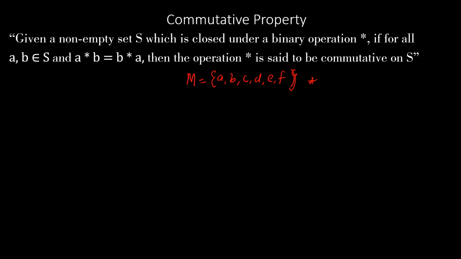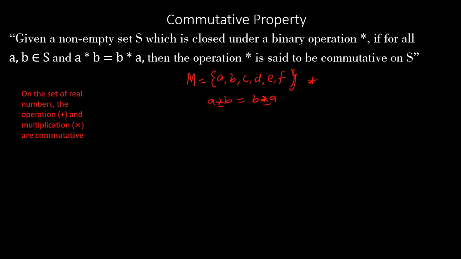Now if for all a asterisk b is also equal to b asterisk a, then we can say that the operation asterisk is commutative under the set.